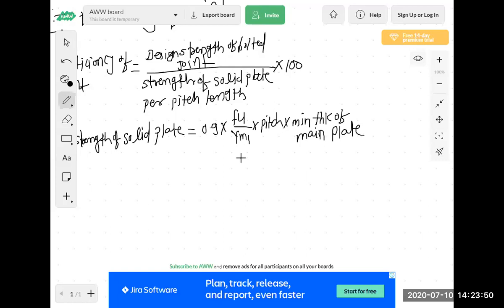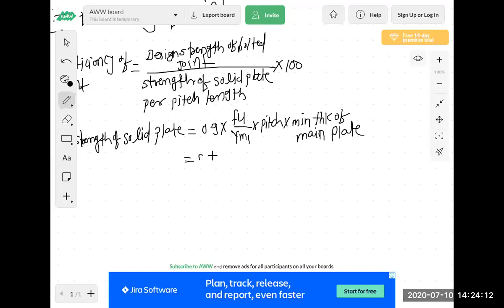Are you getting? See the formula. How to calculate strength of solid plate. So strength of solid plate we can calculate by using this formula: 0.9 into Fu divided by gamma M1 into pitch, that is nothing but P, into minimum thickness of main plate. Now here we can calculate.